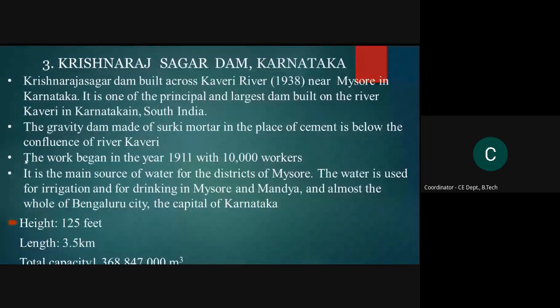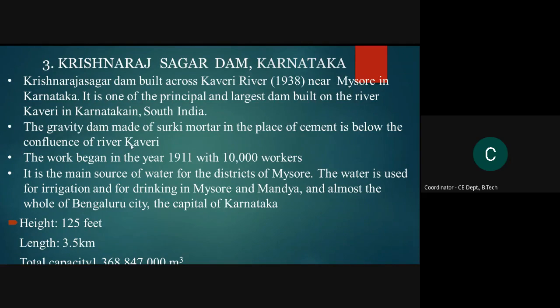Krishna Raja Sagar Dam was built across the Kaveri River around 1938 near Mysore. So it's been about 88 years ago. So it's been a huge time. It is one of the principal and largest dams built on the river Kaveri in Karnataka in South India.